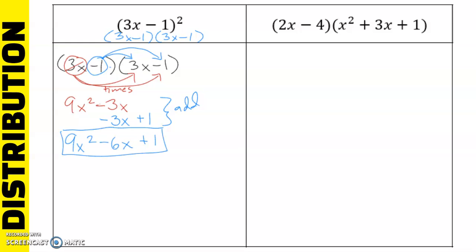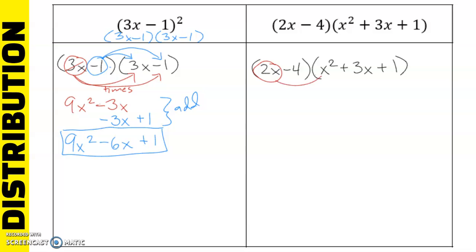Okay, same thing even if it gets really long, and we just have more terms to multiply. Just have your method. Be very organized. No need to rush through it. That's where we make mistakes. That's where we lose terms. That's where silly things creep in. So I'm going to do 2x times everything in the second parentheses, and then -4 times everything in the second parentheses.